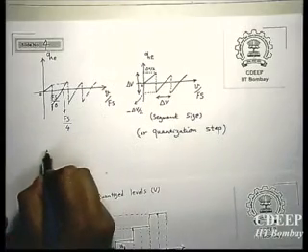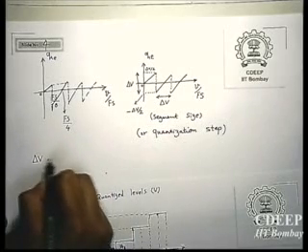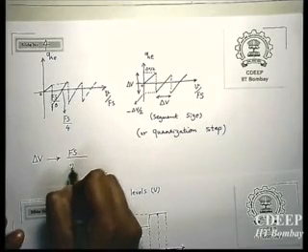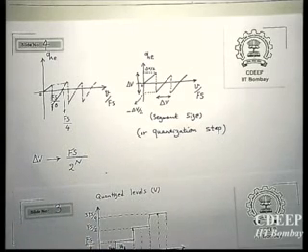Therefore, when we want to generate this delta V or segment value, we always use full scale divided by 2 to the power n. This means the segment size is always full scale divided by a power of 2, because we are dealing with binary codes.